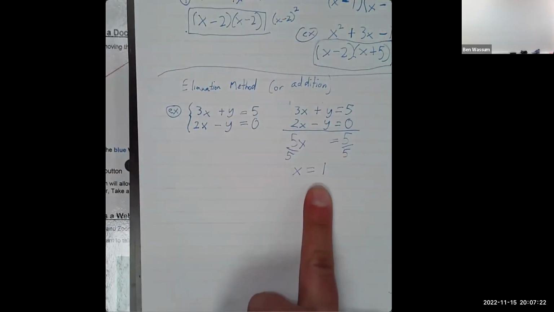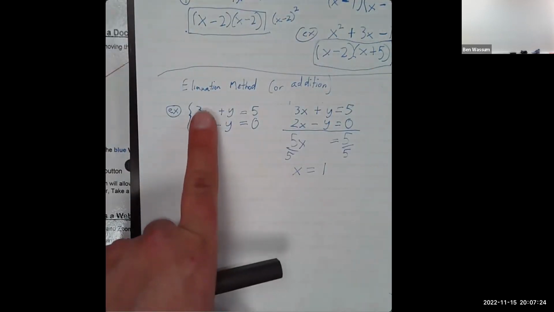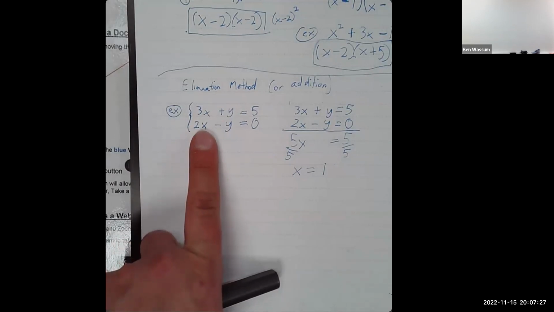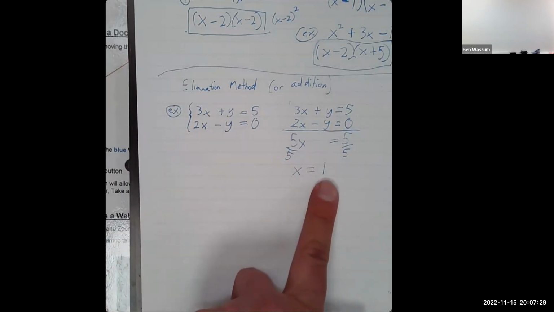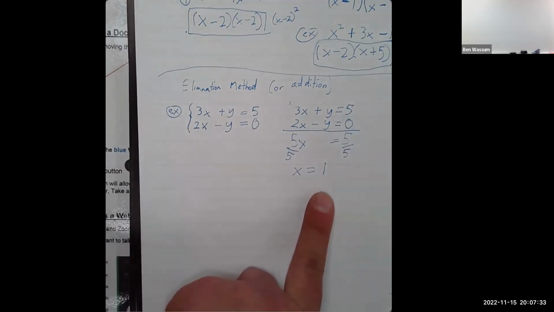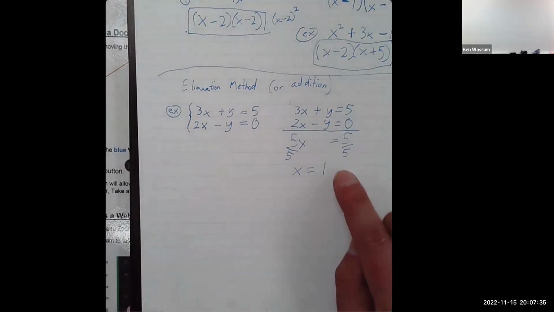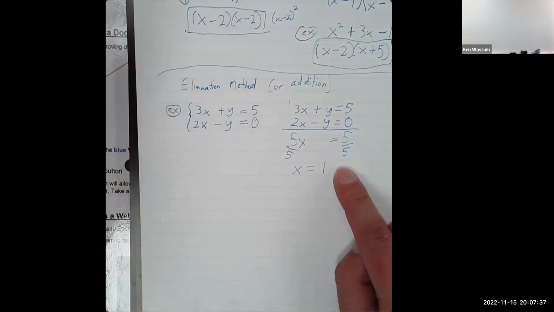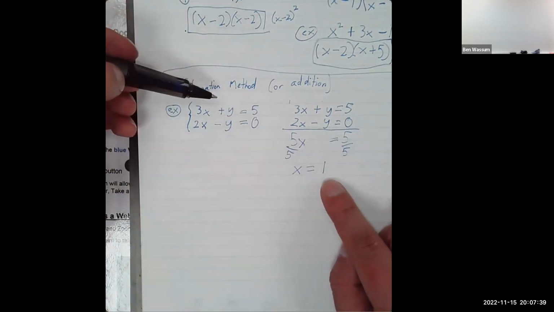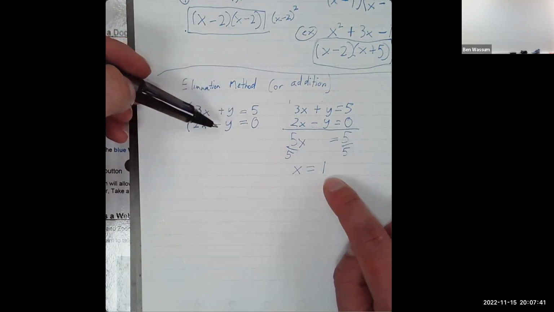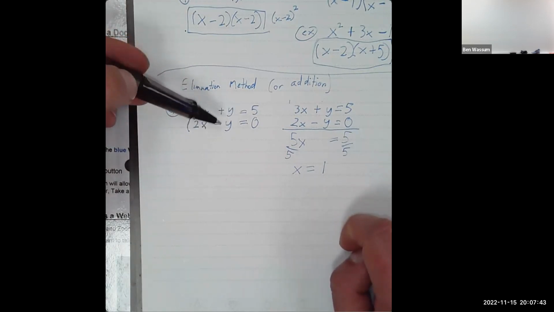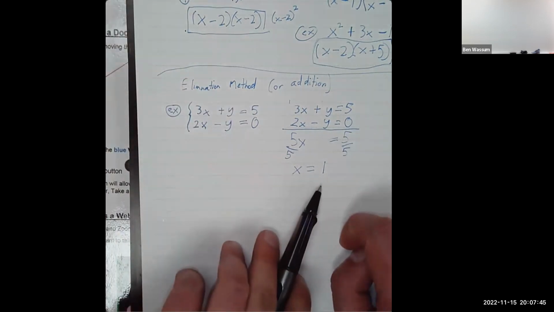Now, what that tells me is that where these two lines cross each other is when x is 1. So now we've got to figure out the y. What we've just solved is that at the point x equals 1, the y value and the x value are the same on both equations. That's where they cross.